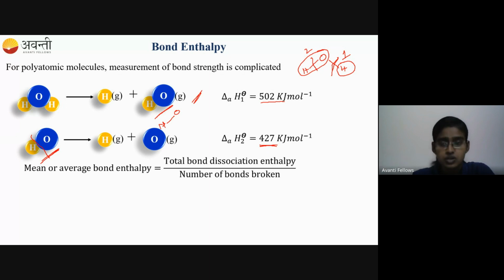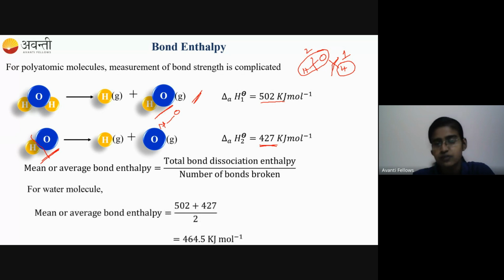Total means you add both the delta H values. For the water molecule it is 502 plus 427, and we have broken two bonds, so divided by 2. We get 464.5, and this is the bond energy value for the water molecule.